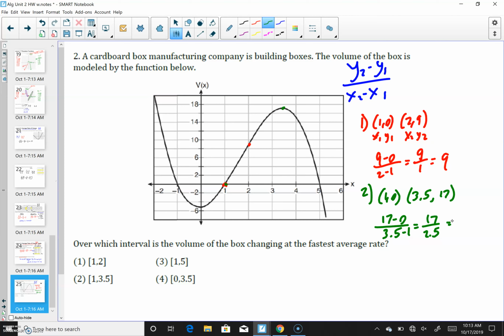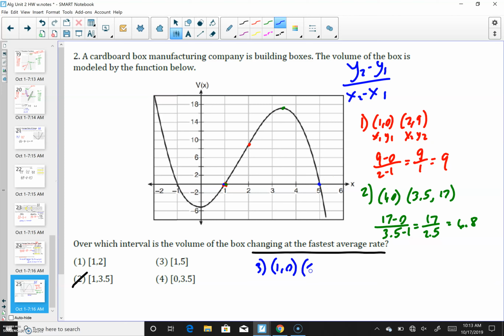And when we put that into our calculator, we get an average rate of change of 6.8. So since they want to know which one is changing the fastest, we know it's not going to be choice 2. I'll come down here now for choice 3, 1, which again we know is 1, 0, and then 5.